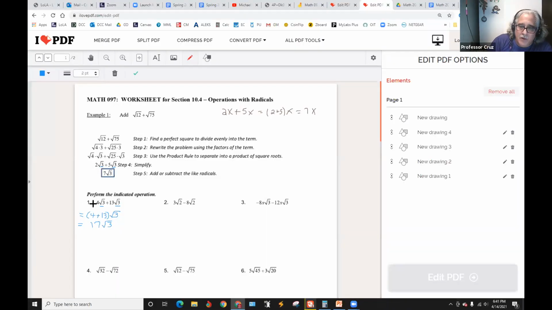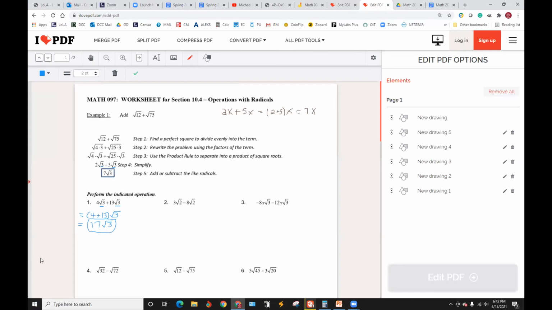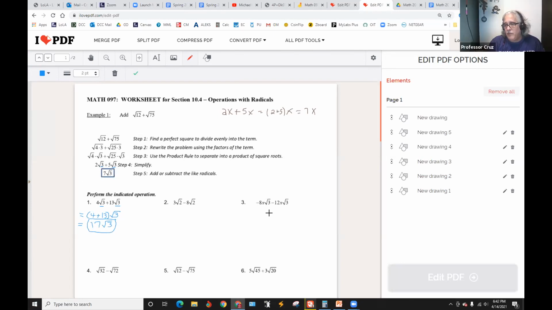All right, so we got 4 square roots of 3 plus 13 square roots of 3. Since they're both the same, we can just add the numbers in front, the 4 and the 13. So that's 17 square roots of 3. Does that make sense? Now, the next one, matter of fact, the whole first row are all ones that already have a like radical. See this?